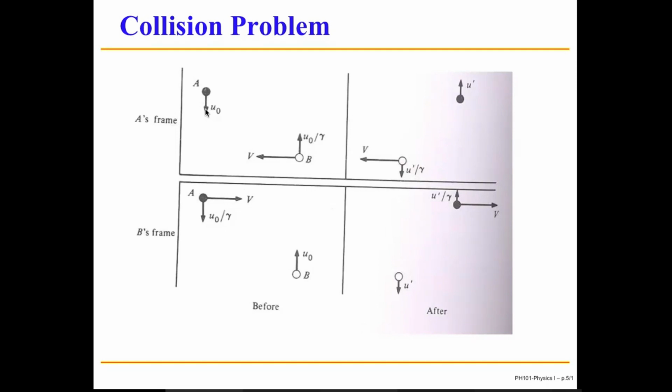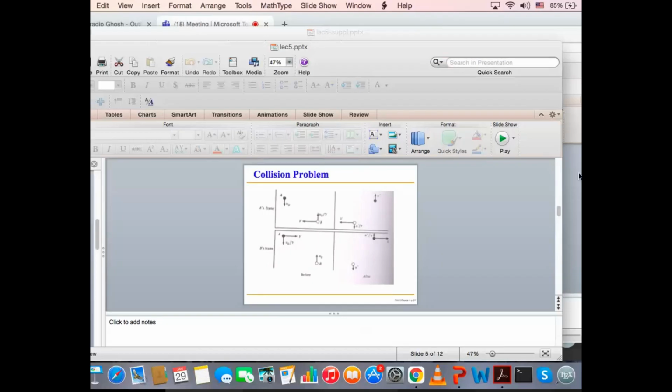And to him, it will look like particle B is moving with a velocity v towards the negative x direction. As a result, in his frame, the velocity of B will be u0 by gamma. Is that all right? You simply plug into this formula.